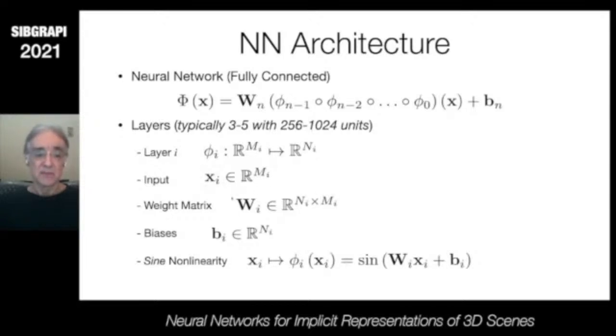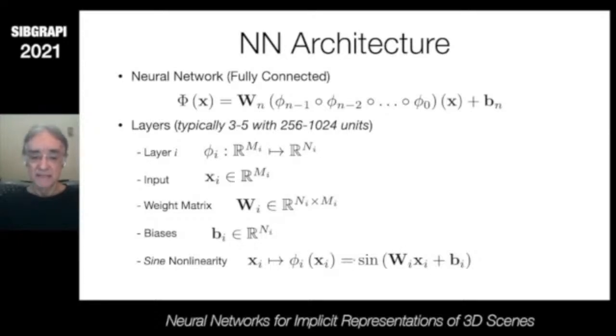As we mentioned, the parameters of the network are the weights from the weight matrix for each fully connected pair of layers, and the bias associated with each layer. After this affine transform, you take the input, multiply by the matrix, and add the biases.